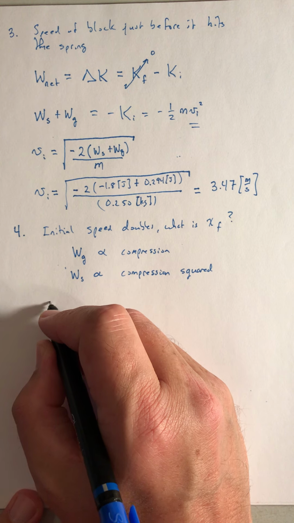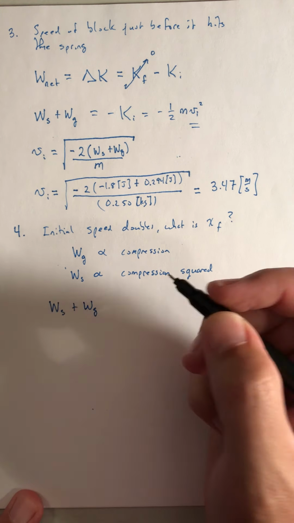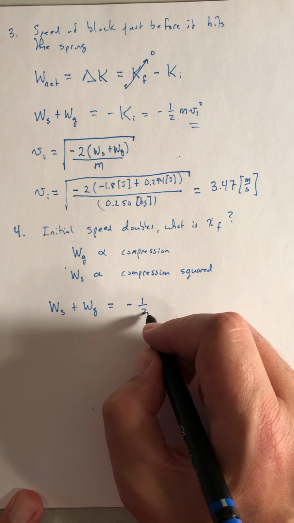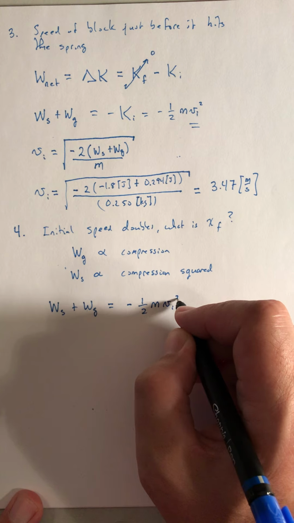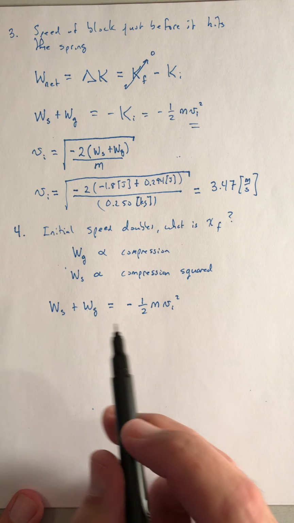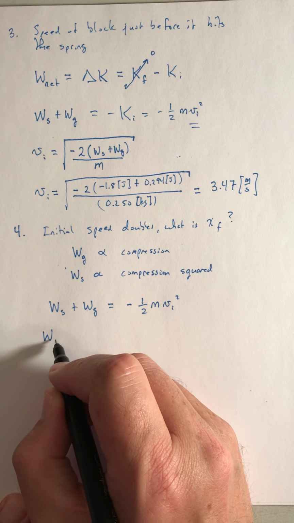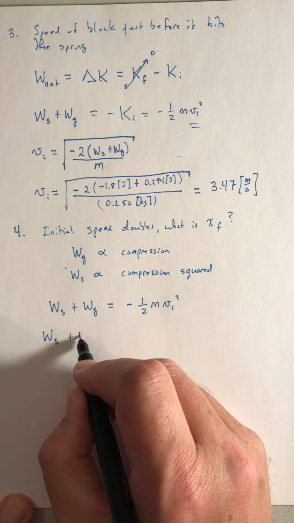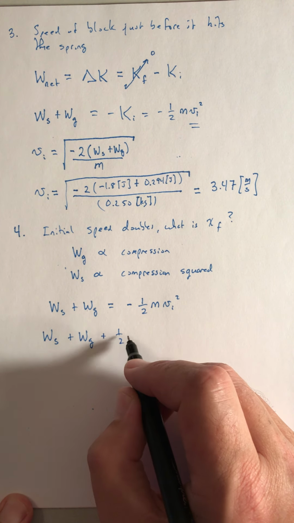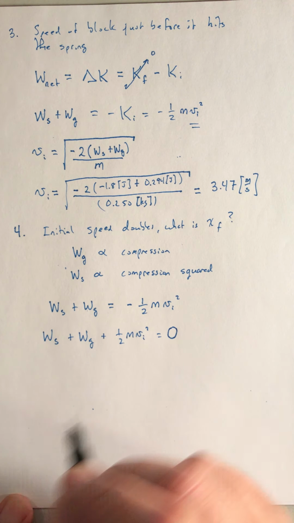So the net work done by the spring plus the work done by gravity is equal to minus a half m v initial squared. Move the kinetic energy term to the left-hand side. Work done by the spring, work done by gravity, plus a half m v initial squared equals 0.